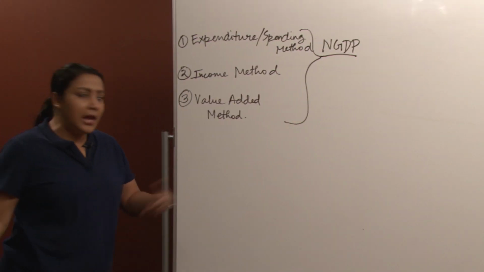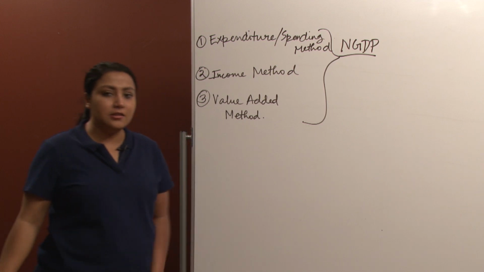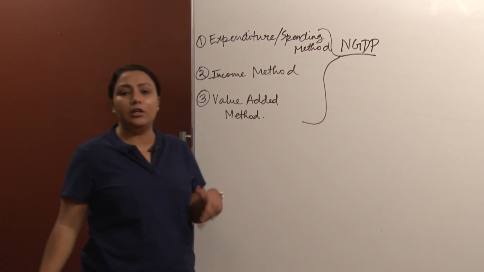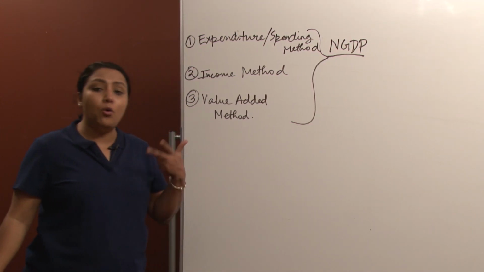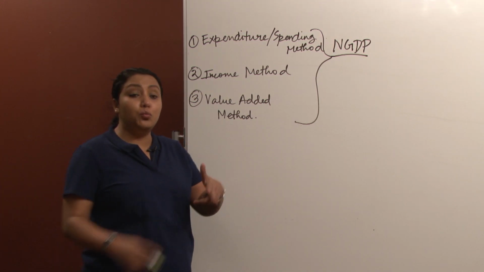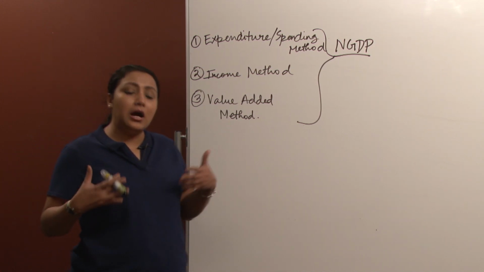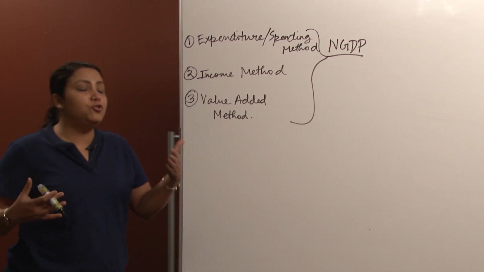Okay. Now, next let us talk about what are the goods and services that do not get included into GDP. So, GDP only includes the final goods and services produced within the geographic boundaries of the country. Now, are there any other exclusions from GDP?